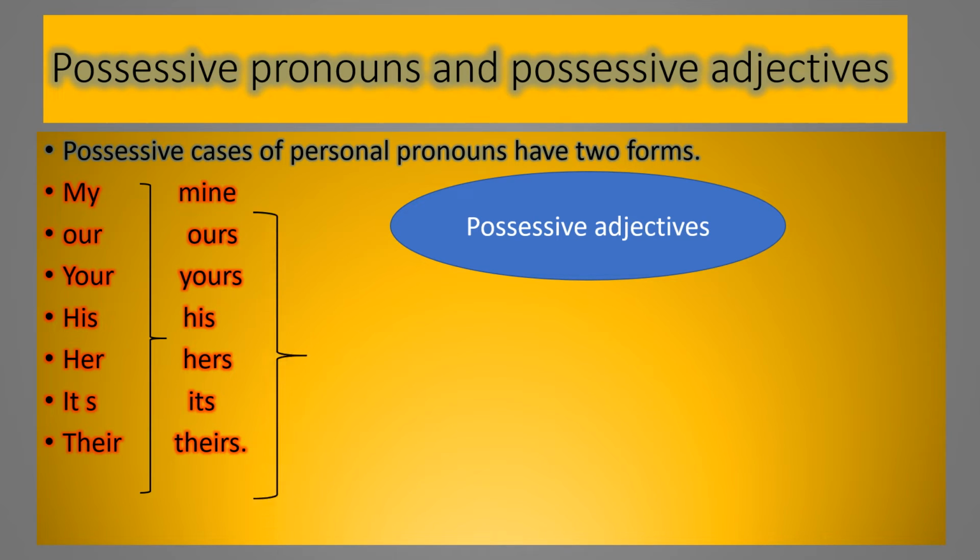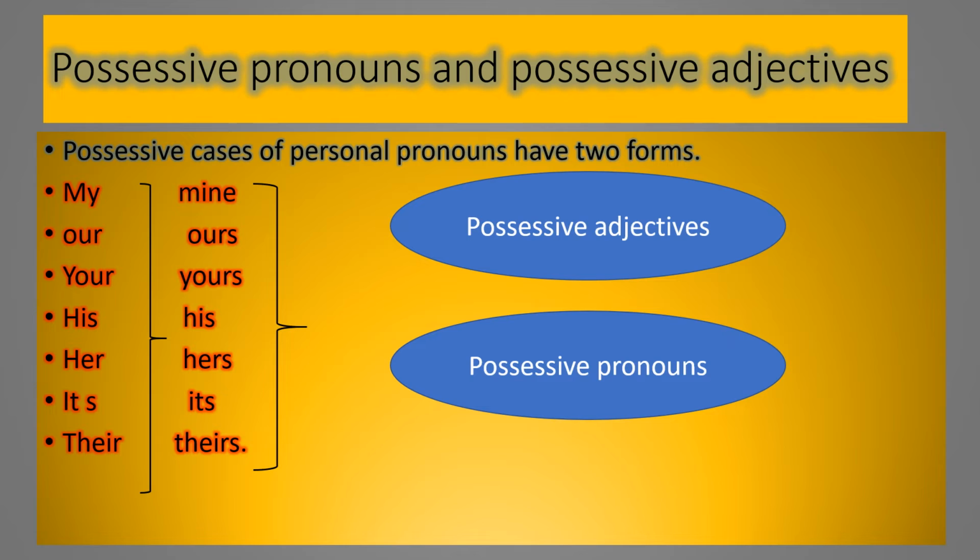Next, mine, ours, yours, his, hers, its, theirs are named as possessive pronouns. Why are these named as possessive adjectives? Why are they named as possessive pronouns? Let's know why they are named as possessive pronouns and possessive adjectives.